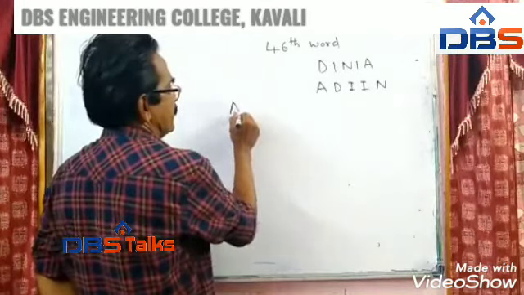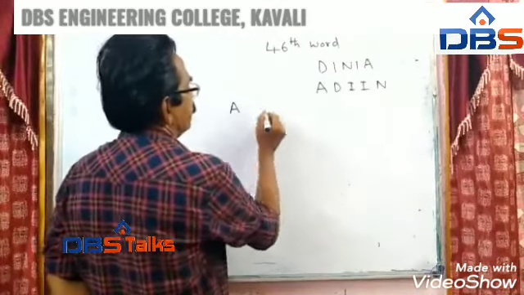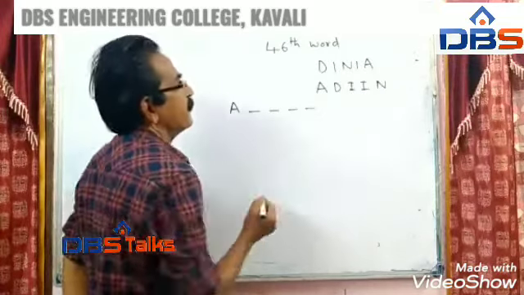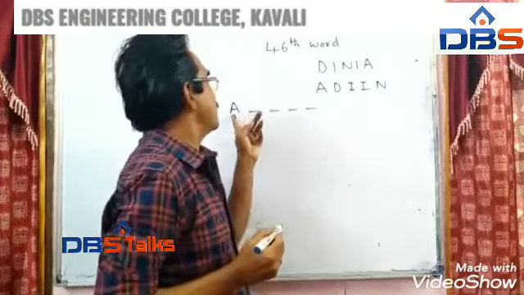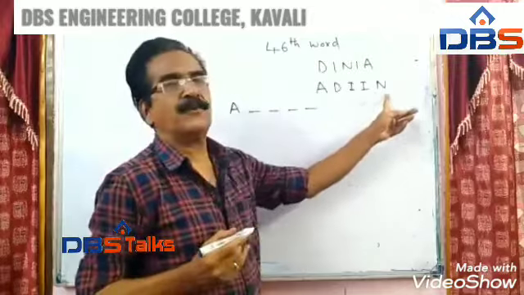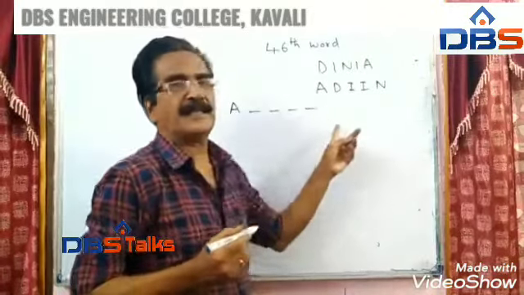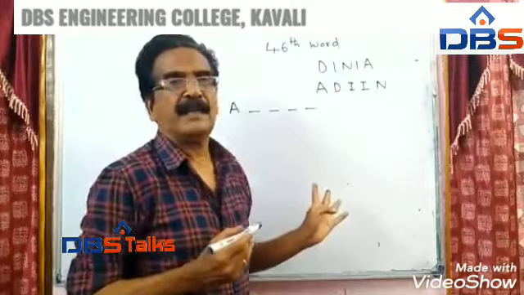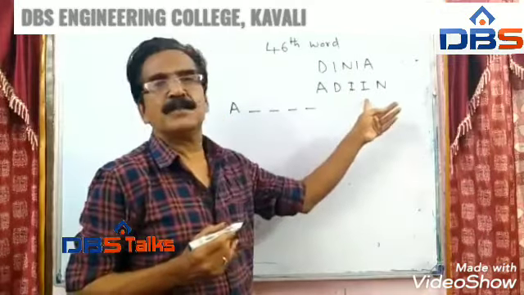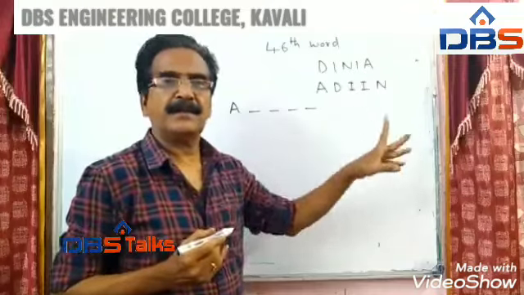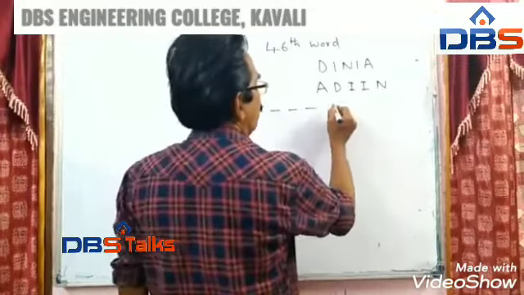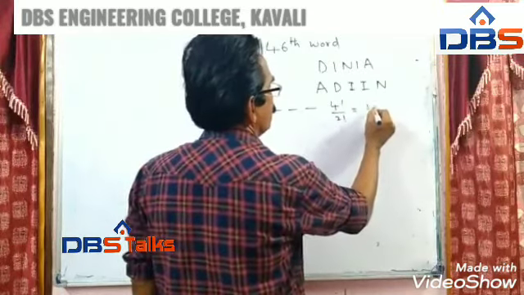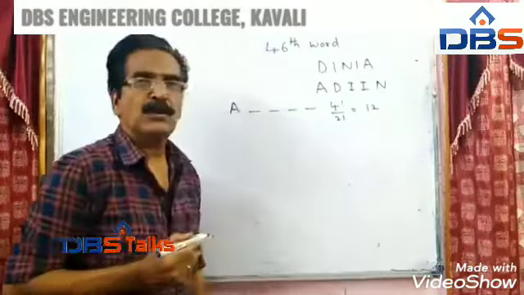Let us begin with A. If the first letter is A, the remaining 4 letters can be filled in 4 factorial by 2 factorial, since 2 similar letters are there. That is 24 by 2, 12 ways.